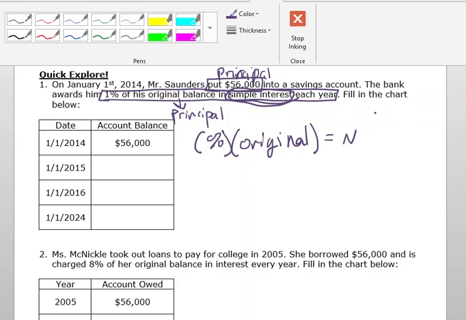So I'm going to find 1%, 0.01 times $56,000. And that's going to give me my interest per year.